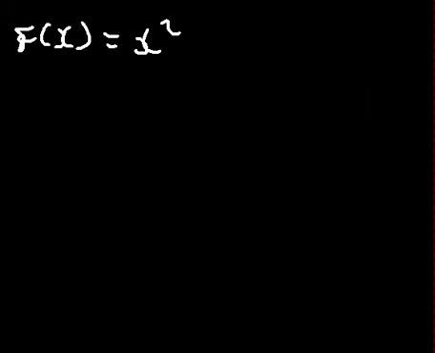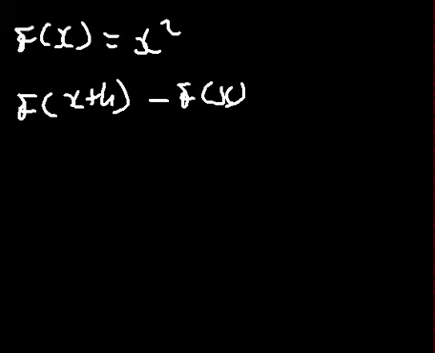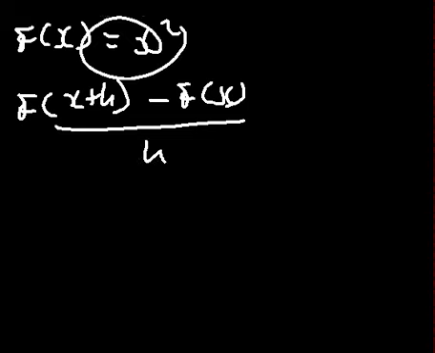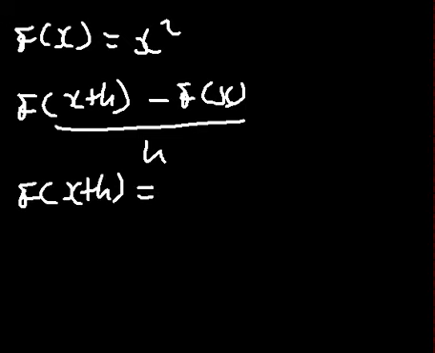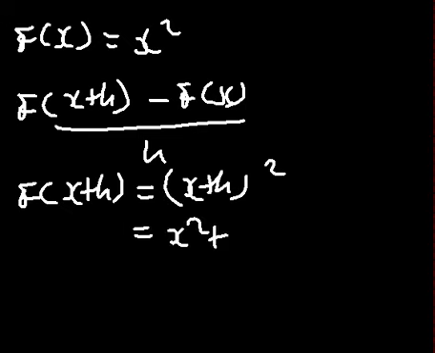Now what if we have this case? Let's say we should evaluate f of x plus h minus f of x, divided by h, for that function. So what is f of x plus h first? We have it as x plus h to the power 2, and this is the same as x squared plus 2xh plus h squared, upon expanding that one.